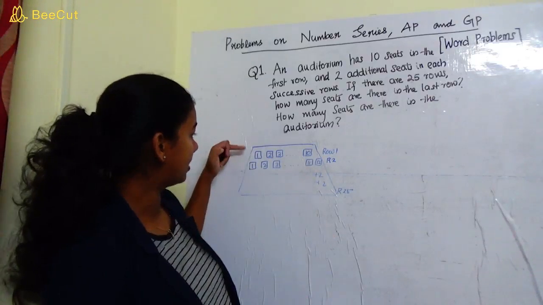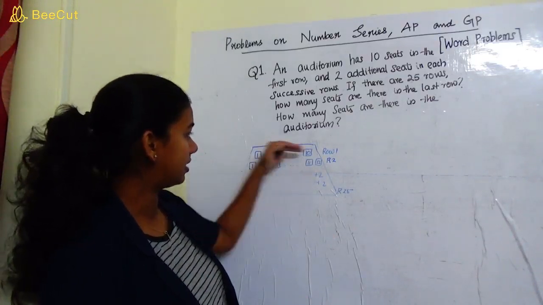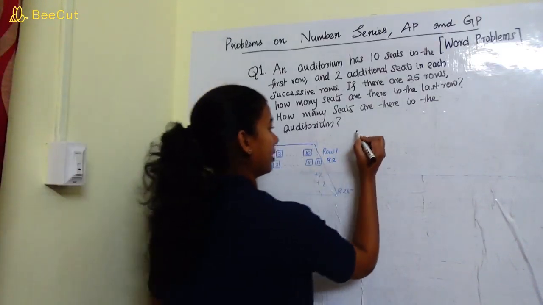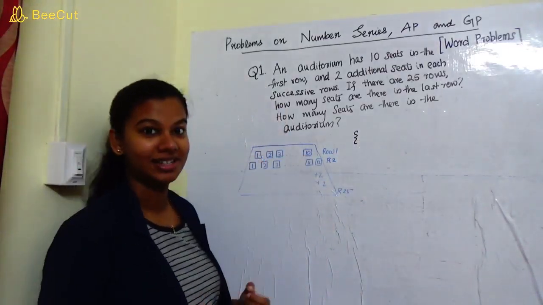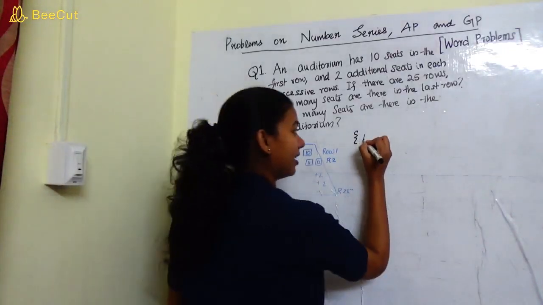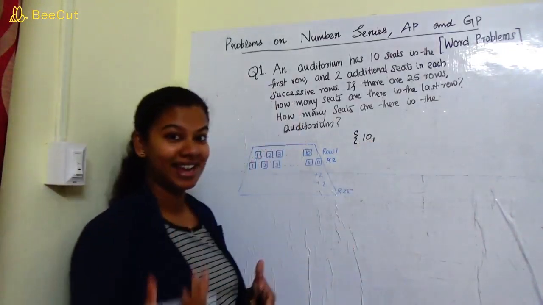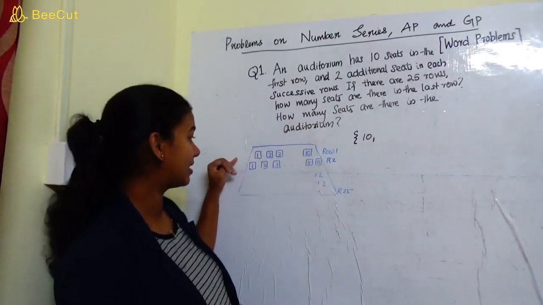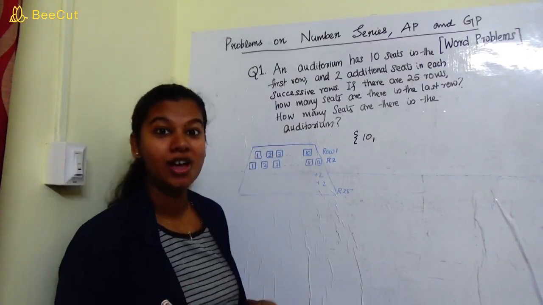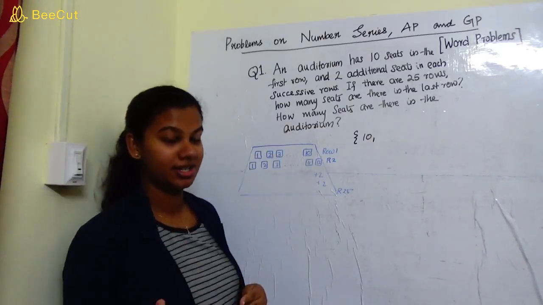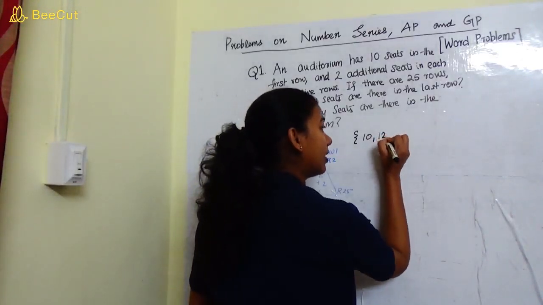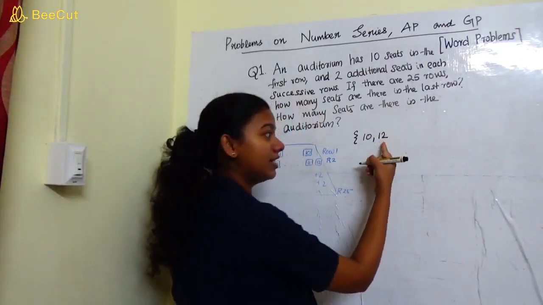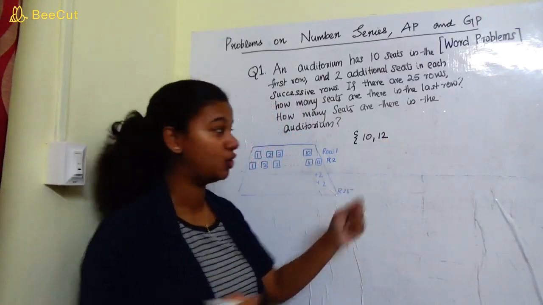We have to consider this as the first term. The first term is 10, that is, the number of seats will be 10. What about the second term? It is considering the second row. So there are 2 additional seats, so 10 plus 2, and the second term will be 12.